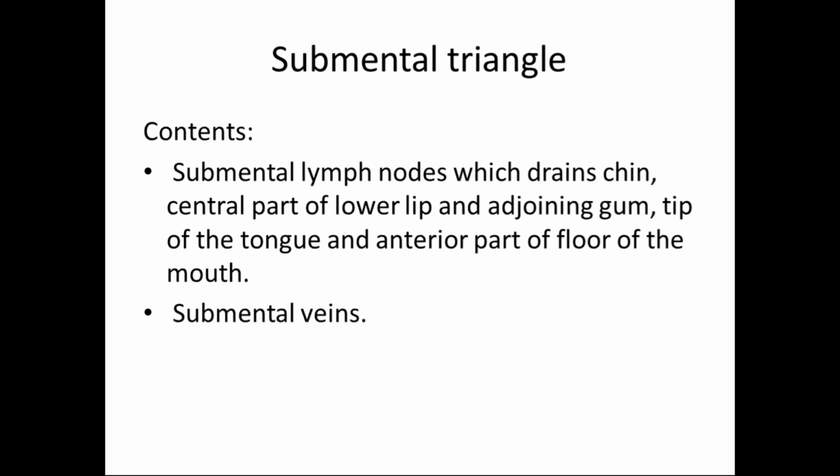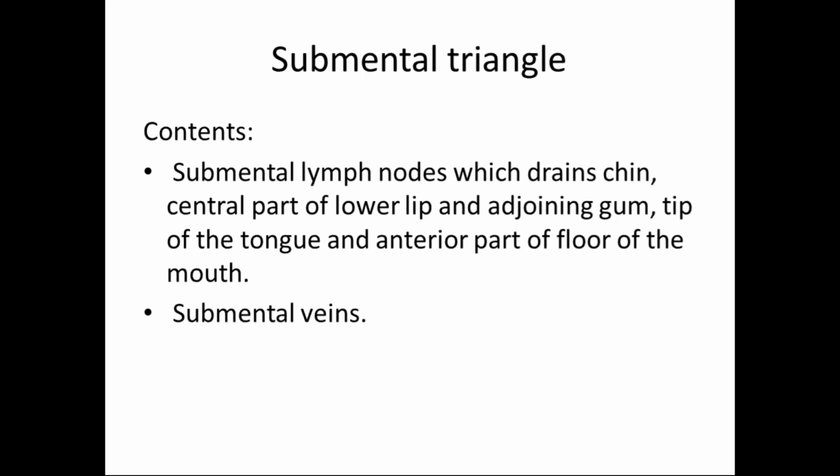So, what are the contents present in the submental triangle? These contents are very important in the neck. When you do any surgeries, you have to remember what vital structures are present there, what structures should be preserved and what structures can be sacrificed. So you have to remember the basic anatomy of the triangles and the structures present in each triangle.